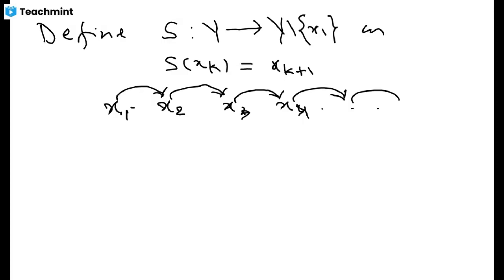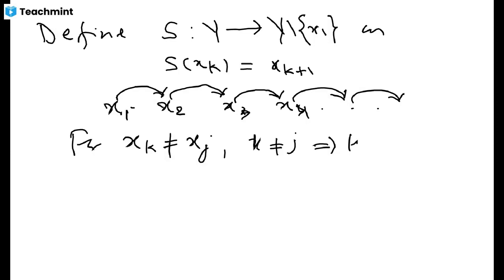So in this way, we see that this function is one-one. It is also onto Y minus {x1}, whereas x1 has no pre-image. That's why we have kept the codomain as Y minus {x1}. Writing it analytically, for distinct elements xk not equal to xj, their indices are different because they have been chosen at different stages of the construction of Y. So k plus 1 will be different from j plus 1.